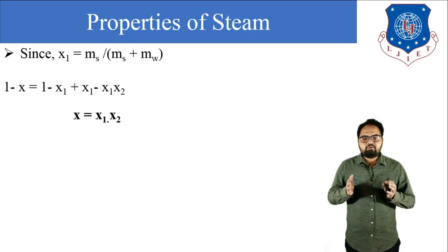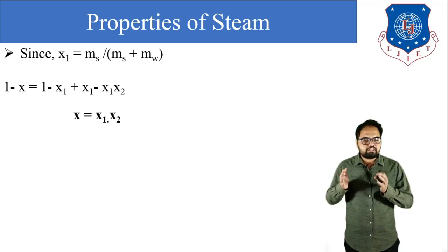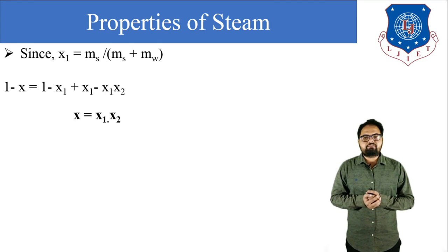Now we need to find the water separated by the separating calorimeter, where the dryness fraction is x1. So the water separated by the separating calorimeter will be (1 minus x1) into (Ms plus Mw). And the water separated by the throttling calorimeter is (1 minus x2) into (Ms plus Mw).